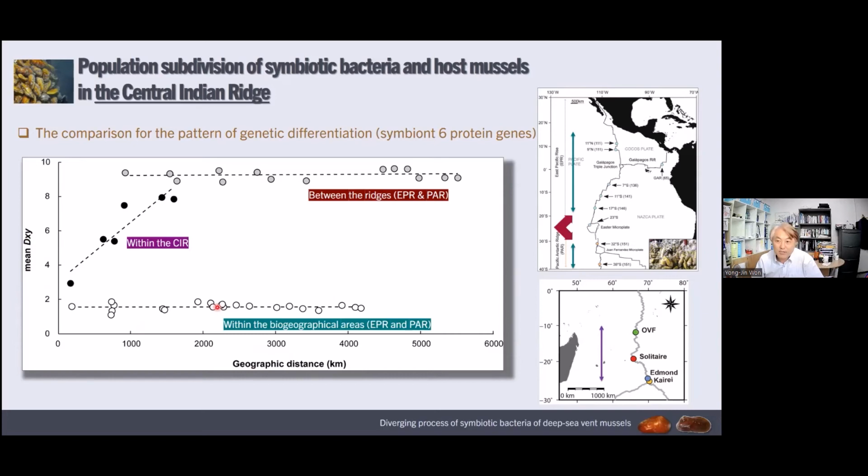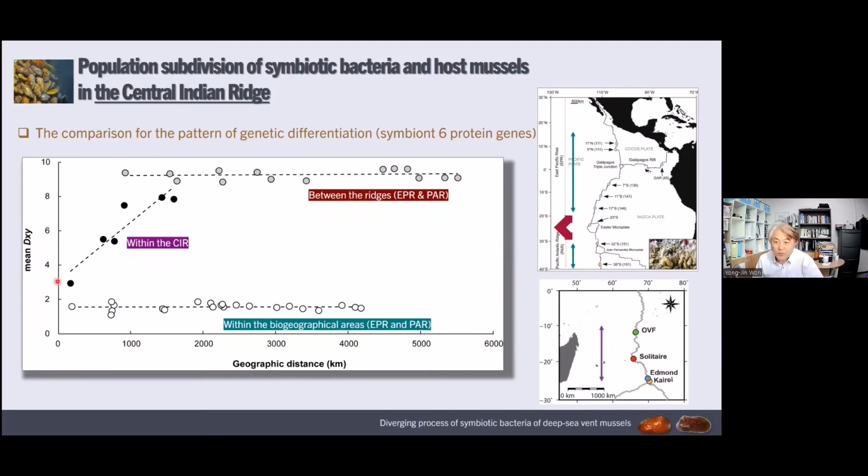So here in EPR and PAR, within their each biogeographical areas, the genetic distance has nothing to do with geographic distance. However, when we compared the DNA sequence between different ridge samples, one from EPR and the other from PAR, their difference was very high. However, here again, we see no relationship between geographic distance and genetic distance.